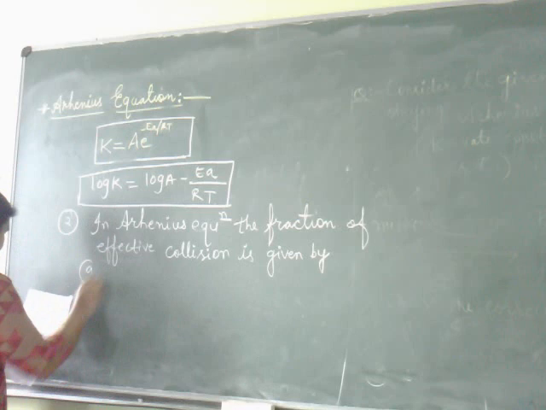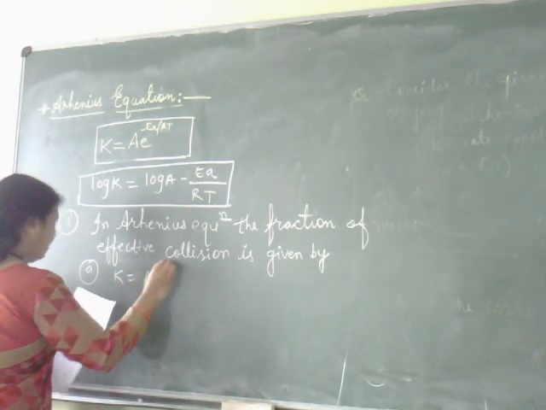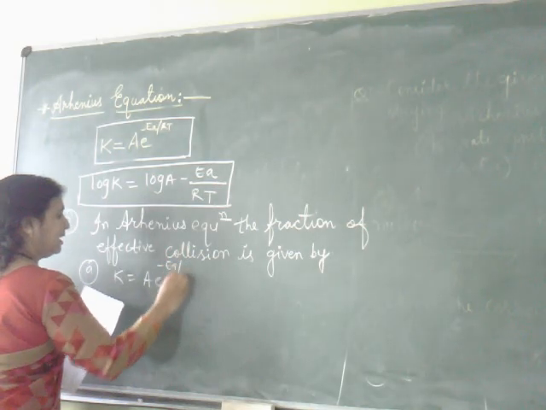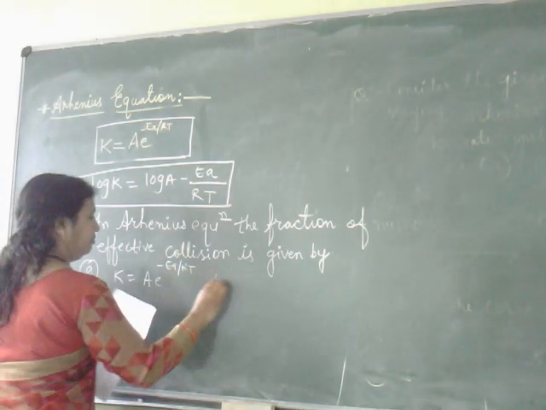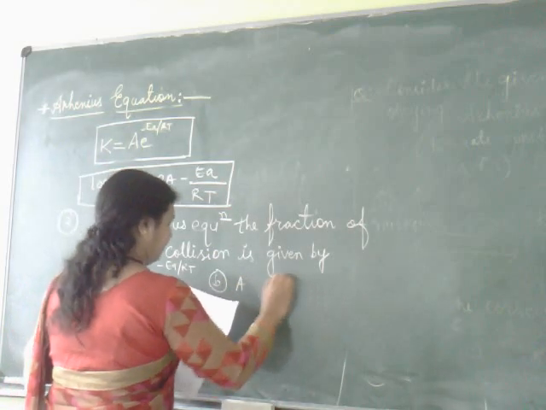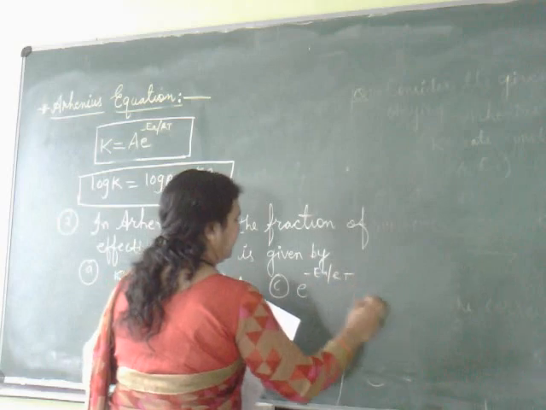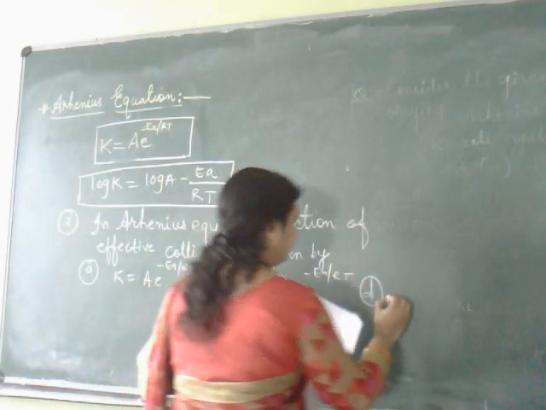Options given here: A, k = A minus Ea/RT. B, A. C, e^(-Ea/RT), and D, RT. What is the question?